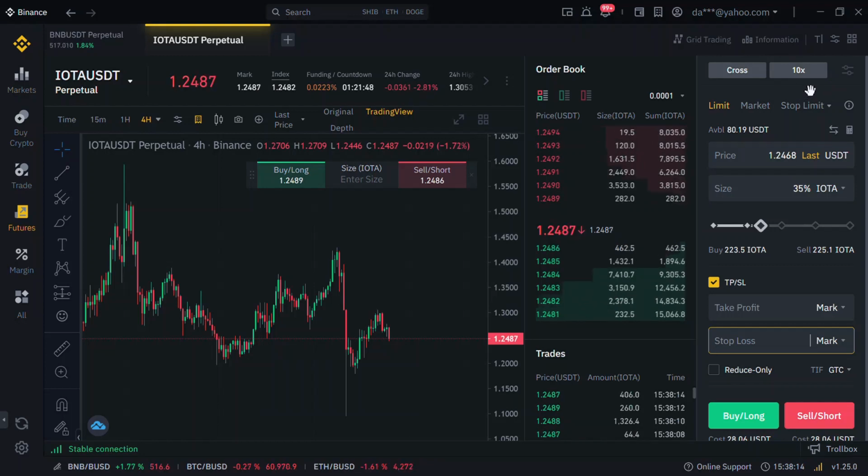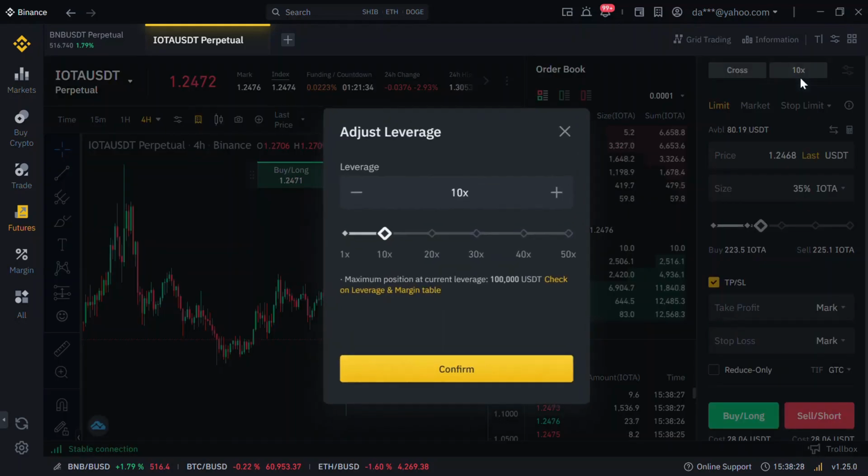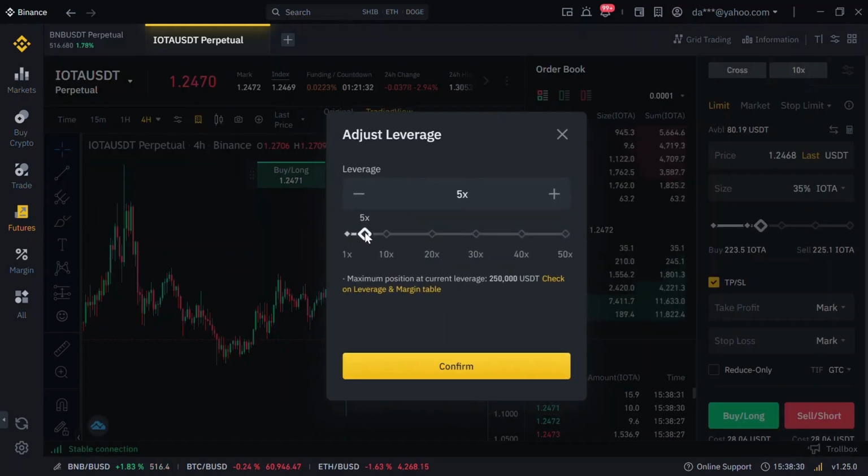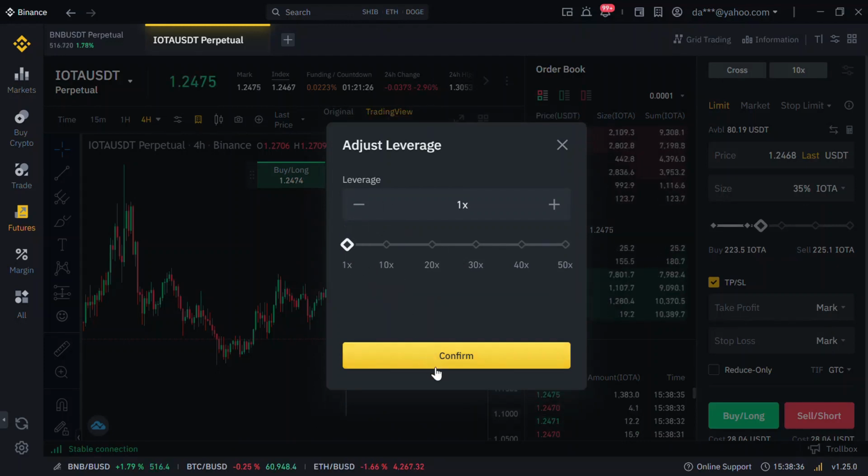If you over-leverage, you can get liquidated much quicker than you should. That's why I said it's advisable to use leverage of no more than 5x. Don't exceed 5x. In fact, you can even go 1x, the smallest level here. You can go without leverage. So 1x is just no leverage.